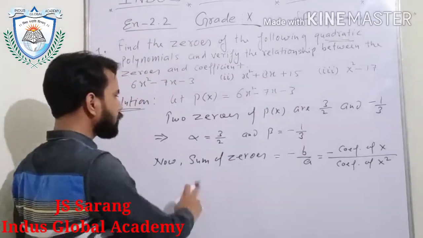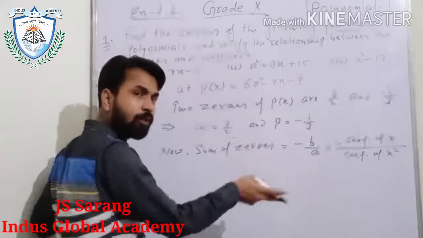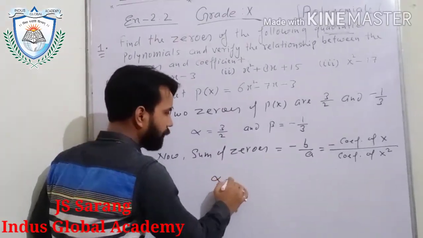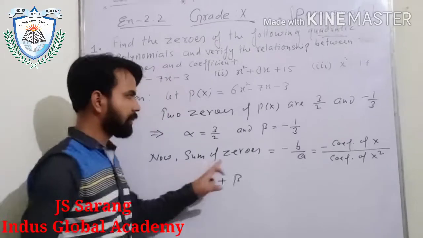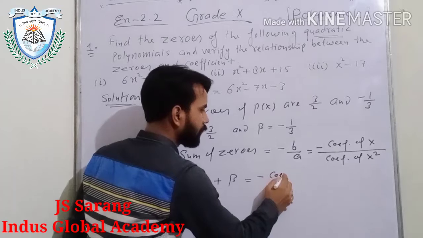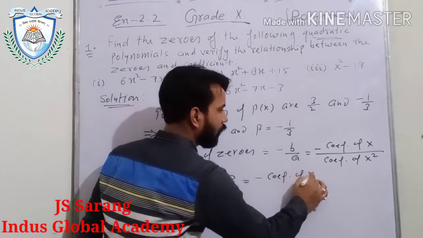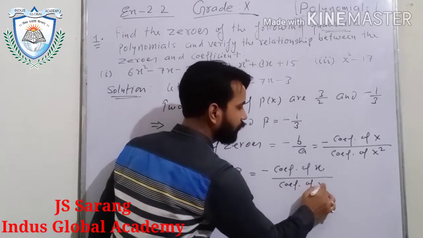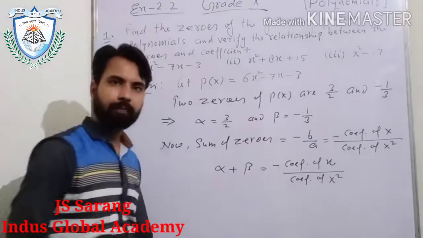Understood? Now sum of zeros. Zeros are alpha and beta. So I am writing here alpha plus beta. This is the sum of zeros, equal to minus coefficient of x upon coefficient of x square. Clear?